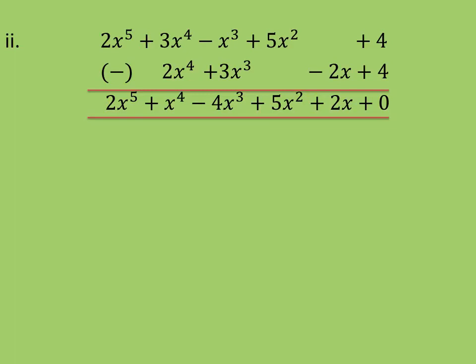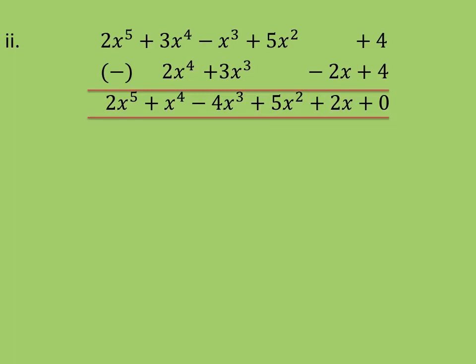And in the term with x cube, that is the term with x raised to power 3, minus x cube minus plus 3x cube. Minus times plus will give us minus, so we have minus x cube minus 3x cube. Just add the coefficient, that is minus 1 minus 3, that will give us minus 4. So our answer here will be minus 4x raised to power 3, that's minus 4x cube.